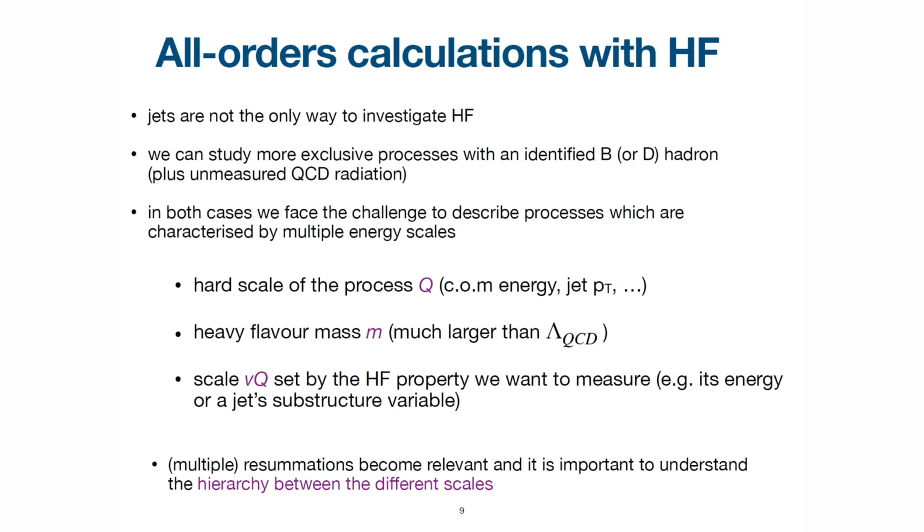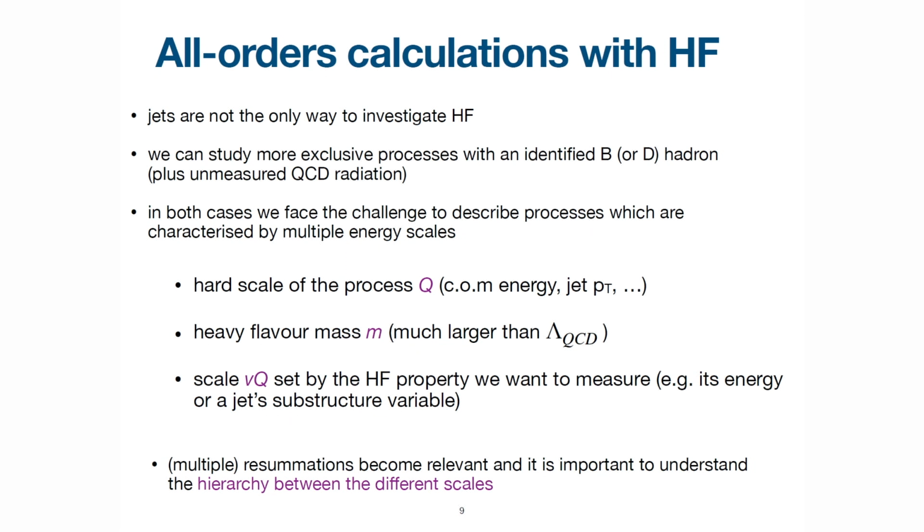So first of all, this is a multi-scale problem. You have the hard scale of the process, the e+e- center-of-mass energy at LEP, or the pT of the jet at the LHC. You have the heavy flavor mass, which is typically much larger than lambda QCD, but much smaller than Q. So you have a first hierarchy.